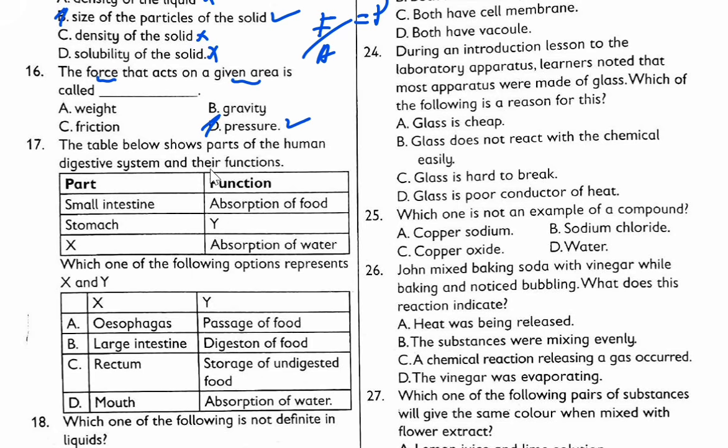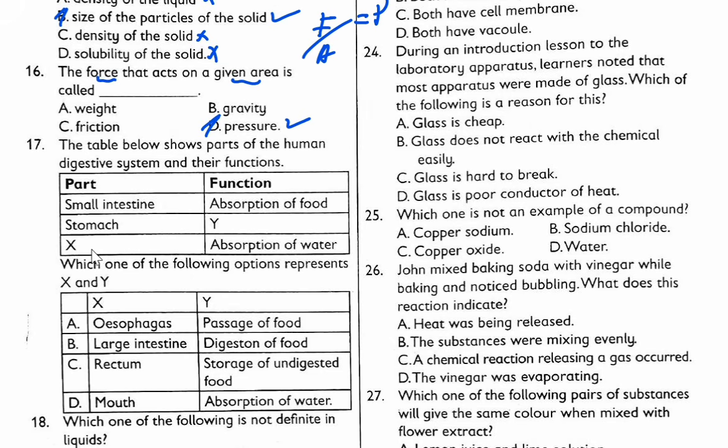The table below shows parts of the human digestive system and their functions. Small intestine, absorption of food; stomach, the function is given as Y. Part X, its function is given as absorption of water. Which one of the following options represents X and Y? Remember, we said you can easily score everything in section A by looking for the one correct option.